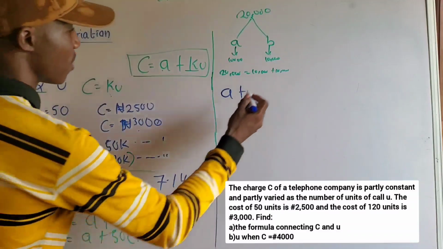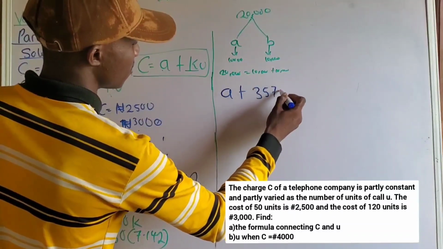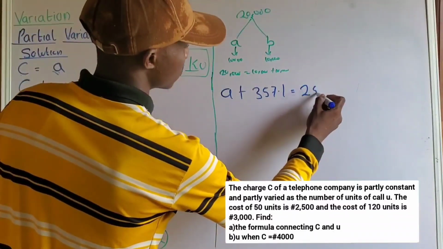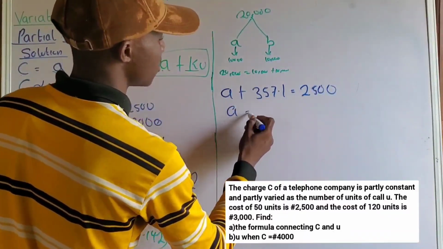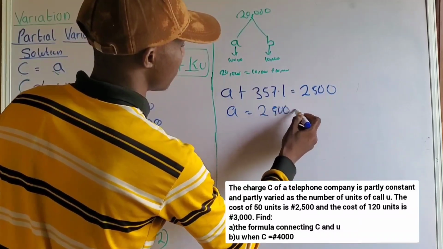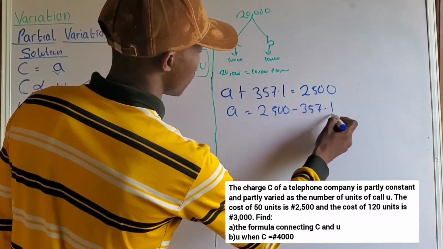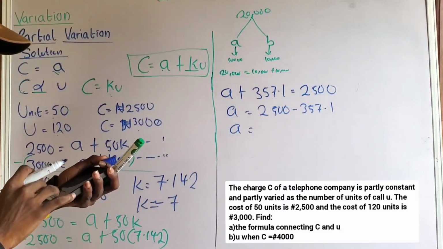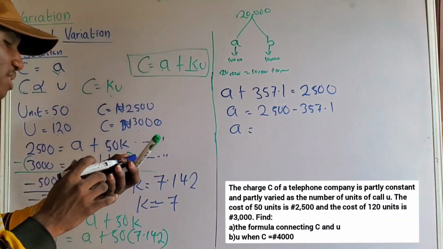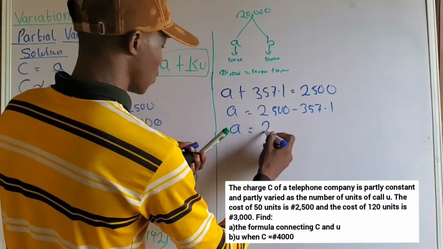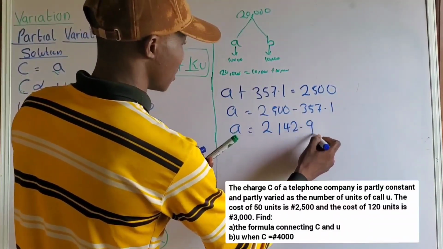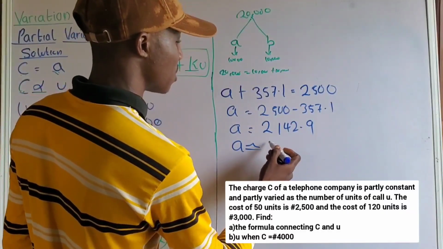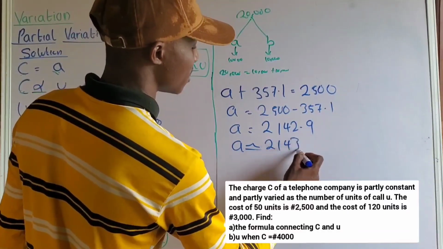So I'm going to have A plus 357.1 equals 2,500. A equals 2,500 minus 357.1. So A equals 2,142.9. You can approximate to the nearest whole number, that is 2,143.